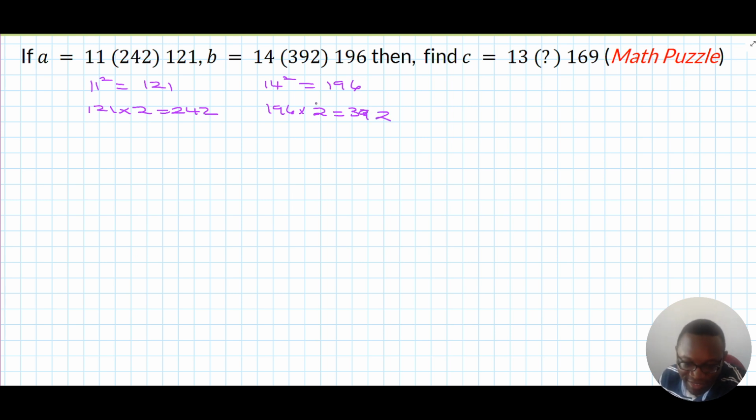Okay, good. And now the final one is 13 squared is equal to 169. 169 multiplied by 2 is 338. So that is correct. Ayo, thank you for joining. I imagine that's you.